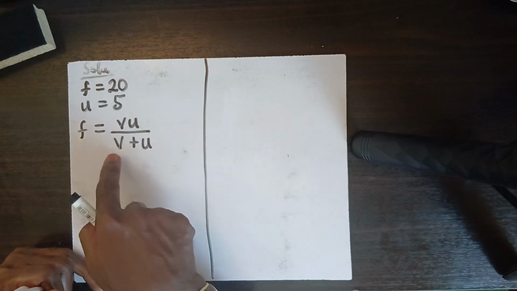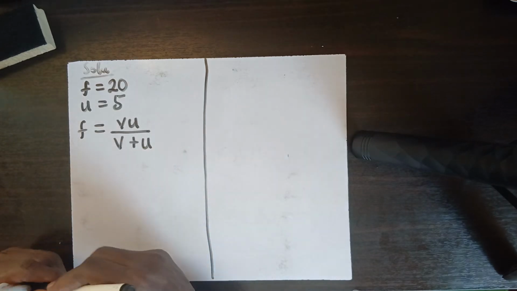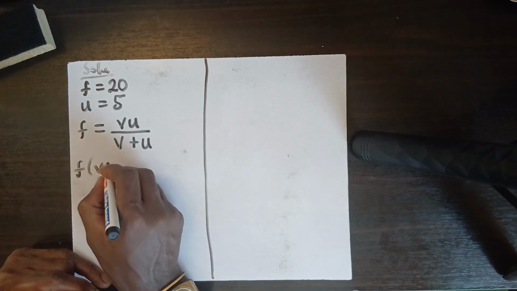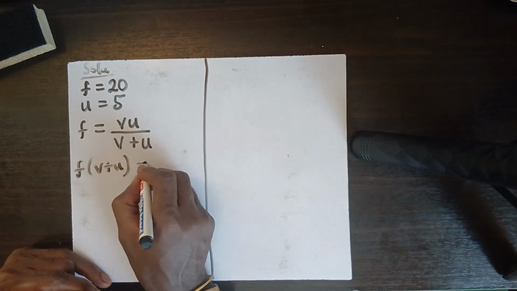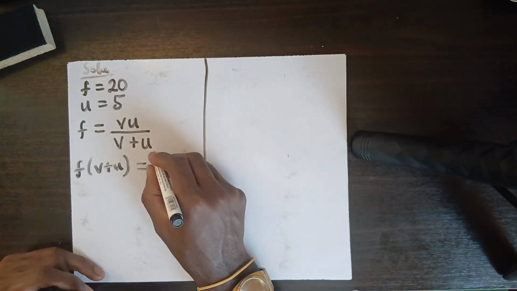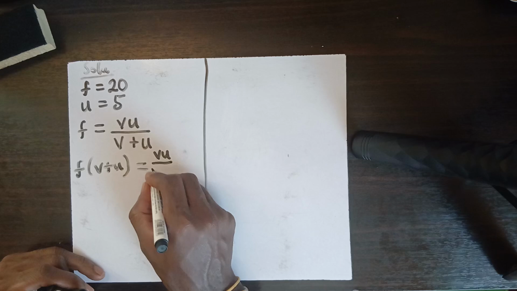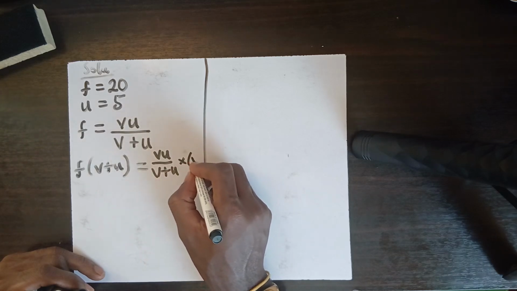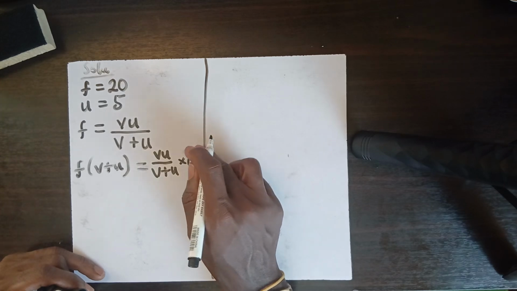So we are multiplying both sides by V plus U. This is what we mean. F being multiplied by V plus U. Then the right hand side also, VU over V plus U being multiplied by V plus U.